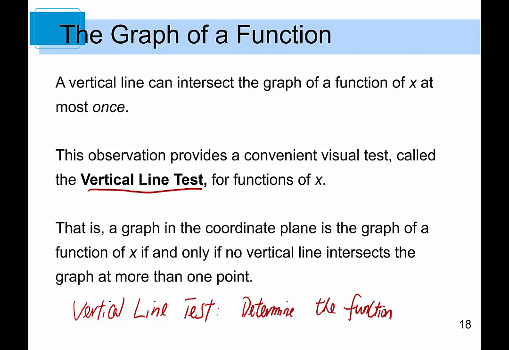In this case, if a vertical line intercepts every single part of the graph with only one intercept, that means it's a function. If we have more than one intercept, then it's not a function.